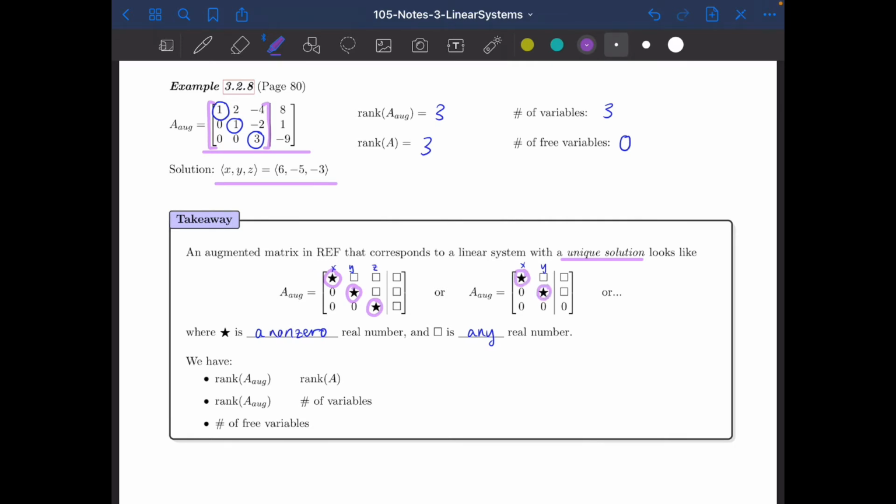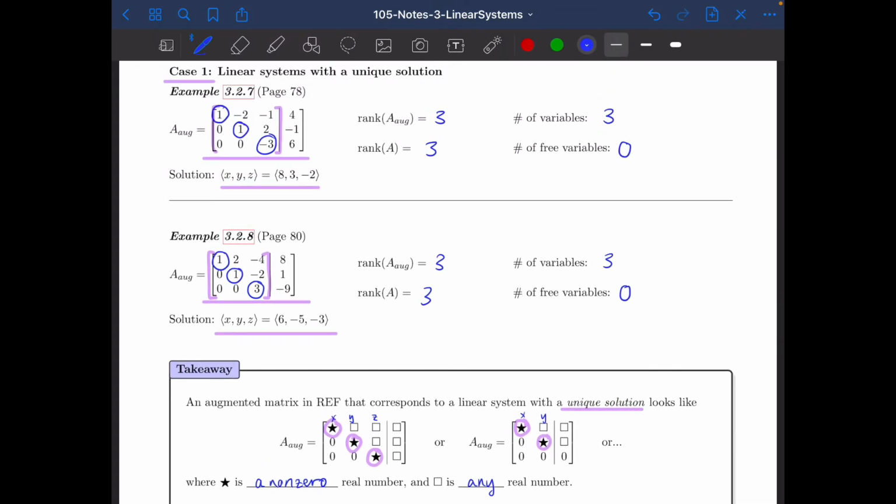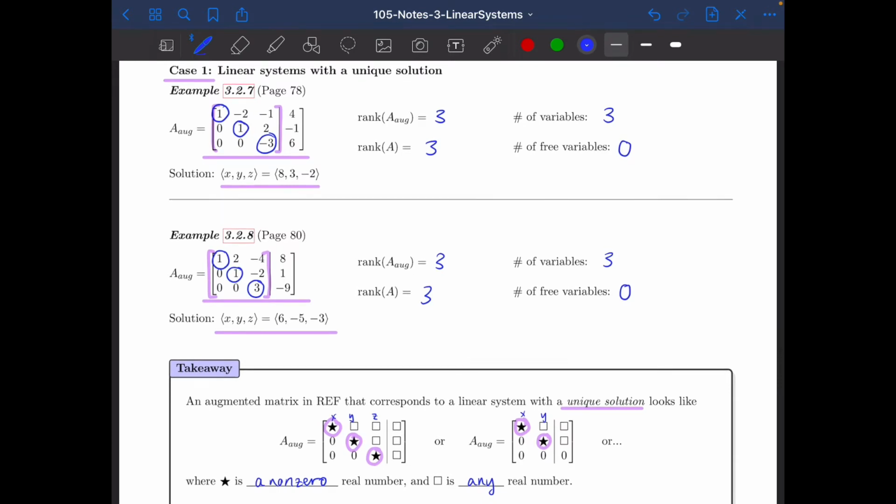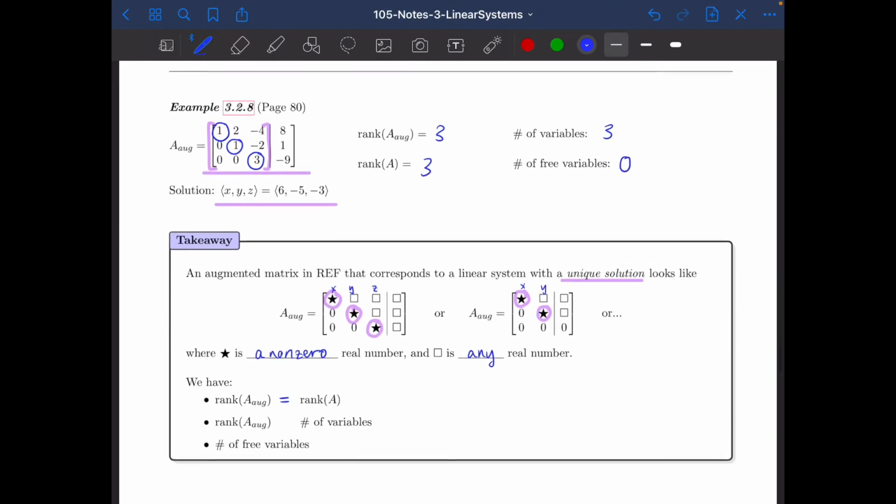Now let's compare the rank of the augmented matrix and the rank of the coefficient matrix. In the case where the linear system has a unique solution, they are equal. We saw that in these two previous examples. The rank of the augmented matrix and the rank of the coefficient matrix were both 3 in both examples.